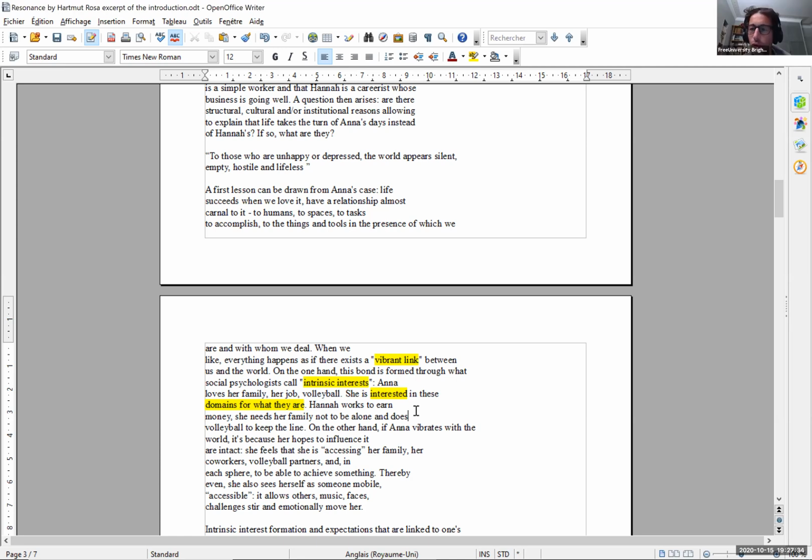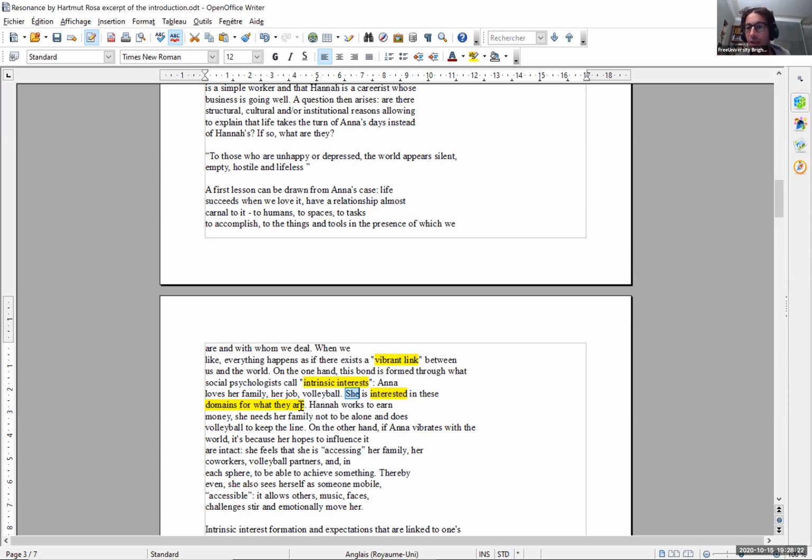Okay, I agree with you completely. What I was saying was very basic, actually, is that to me, the way Rosa, as a writer, writes his text, he comes up with a component of the concept of resonance, which is intrinsic interests, and he explains that component by saying simply, she's interested, so using she, which is a conceptual character, she is interested in these domains for what they are.